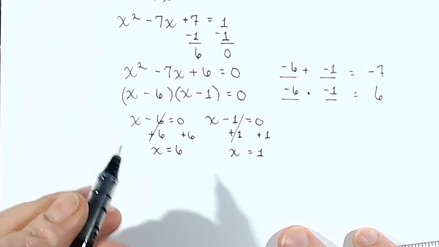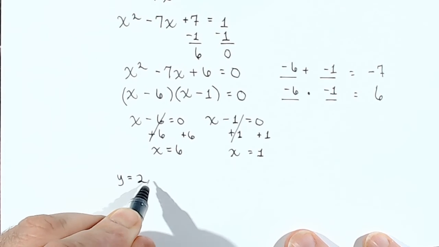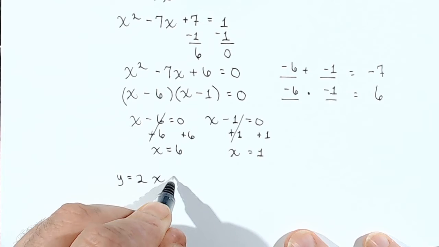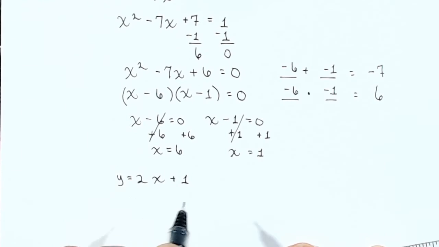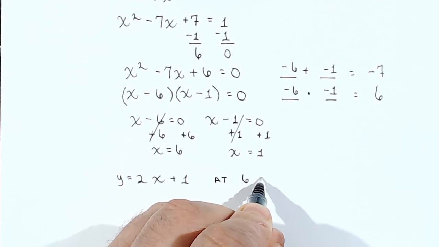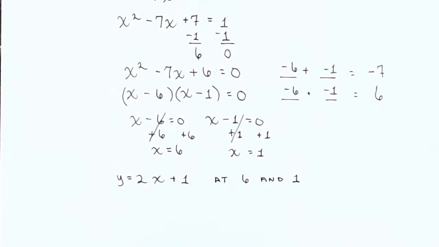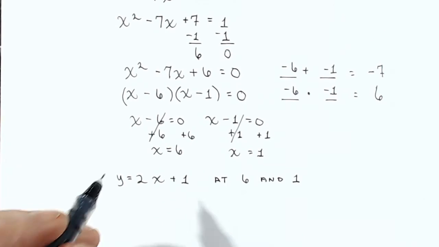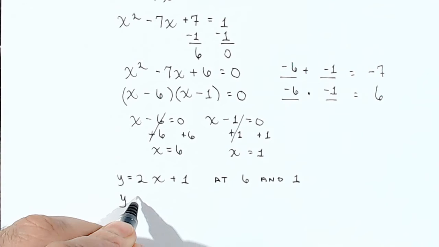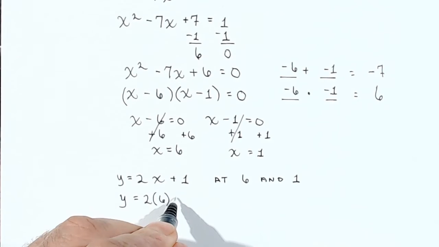So we are going to evaluate y equals 2x plus 1 at both 6 and 1. Okay, so where x is 6, what is y? Well, y equals 2 times 6 plus 1.